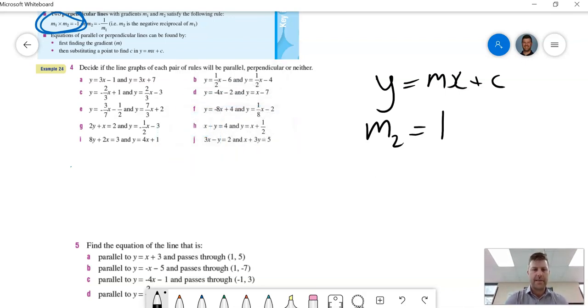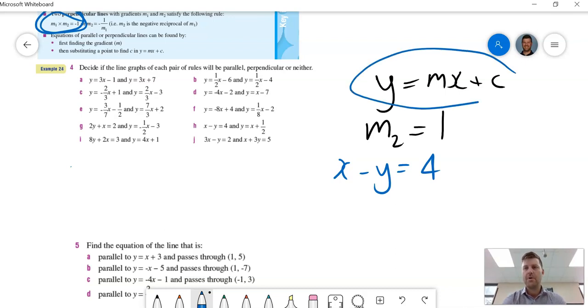The second equation is x take y equals 4. So I'm going to have to do a little bit of rearranging here to get it into gradient intercept form. Then if m1 is equal to the gradient of 1, we know those lines are parallel as well, or if multiplied together they equal -1, then they're perpendicular.